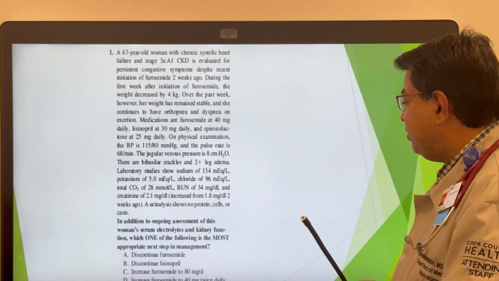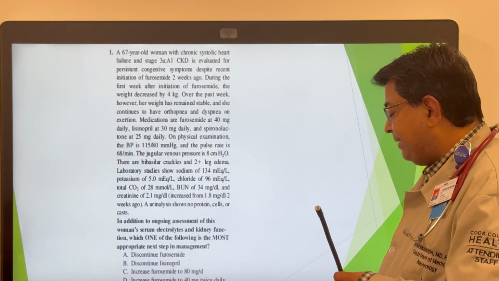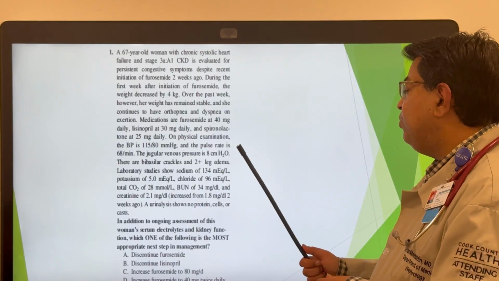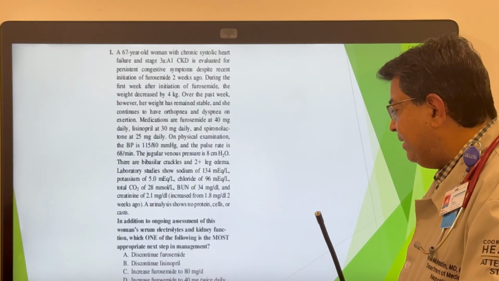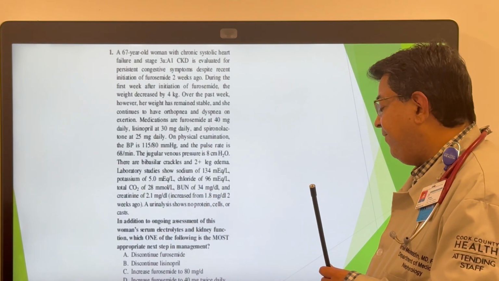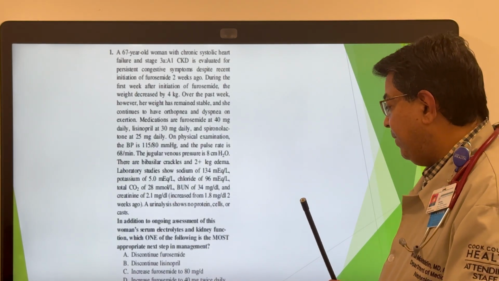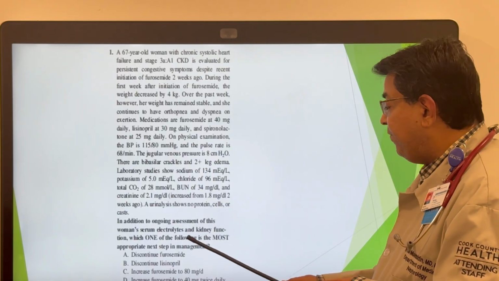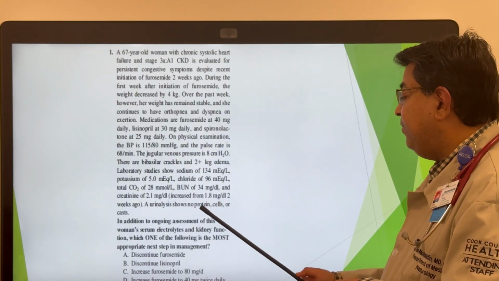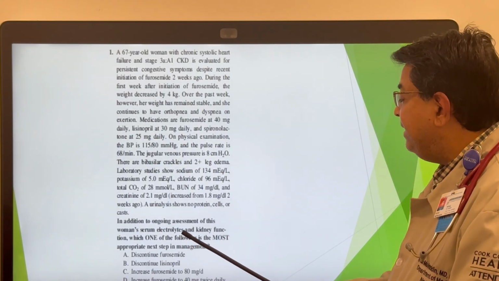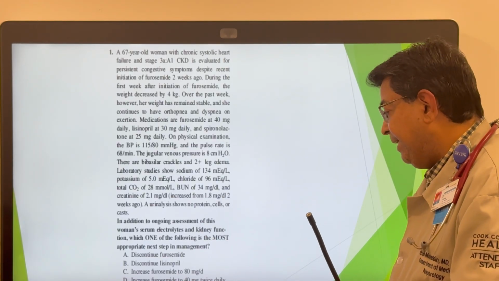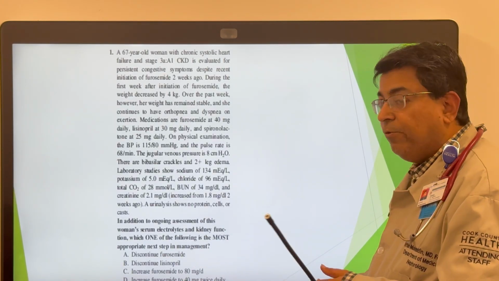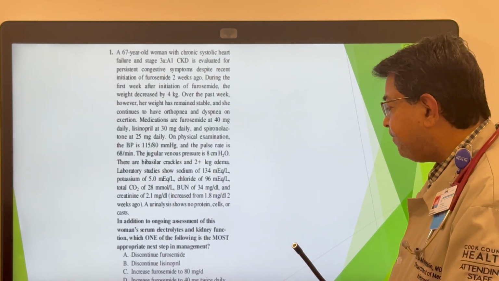A urinalysis shows no protein cells or casts. In addition to ongoing assessment of this woman's serum electrolytes and kidney function, which one of the following is the most appropriate next step in management? Discontinue furosemide, discontinue lisinopril, increase furosemide to 80 milligrams per day, or increase furosemide to 40 milligrams twice daily.